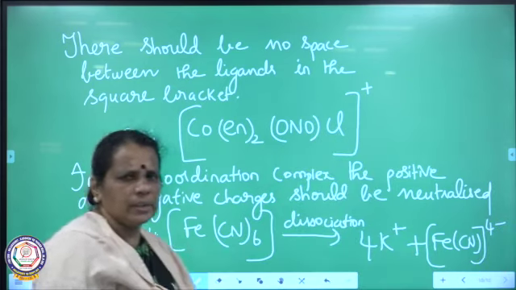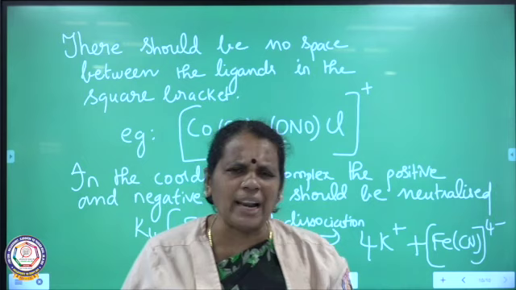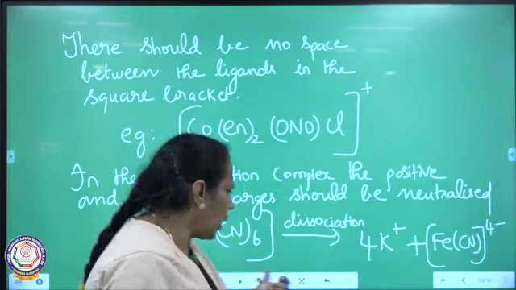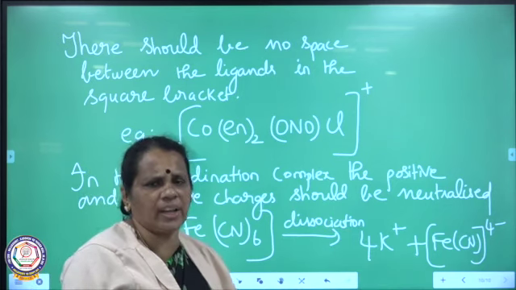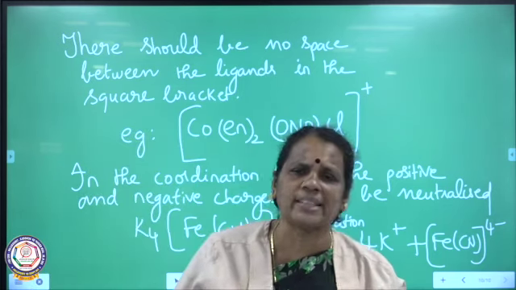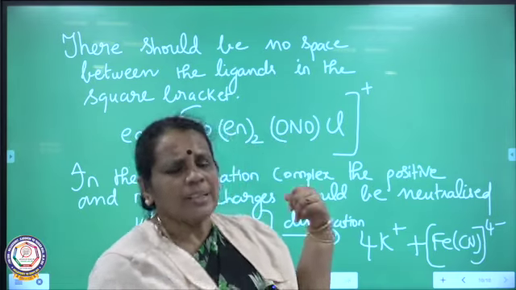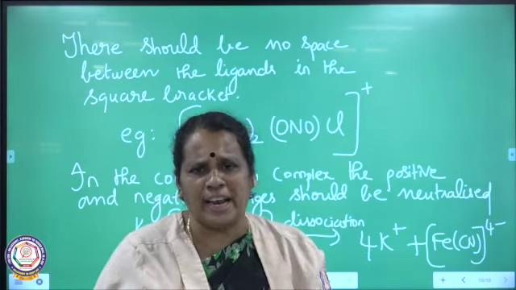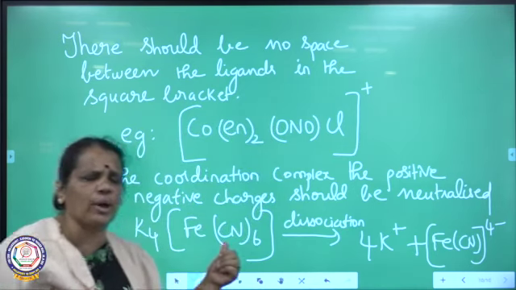You see now, this rule is very clear. The positive and negative charges should be neutralized in the coordination compound. So I have given the example, potassium ferrocyanide. When it undergoes dissociation, K4 is dissociated as 4K+. There are 4 positive charges. So simultaneously there should be 4 negative charges also. See the coordination entity, or the square bracket.